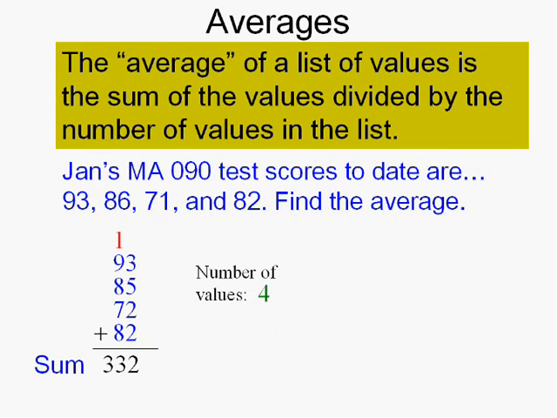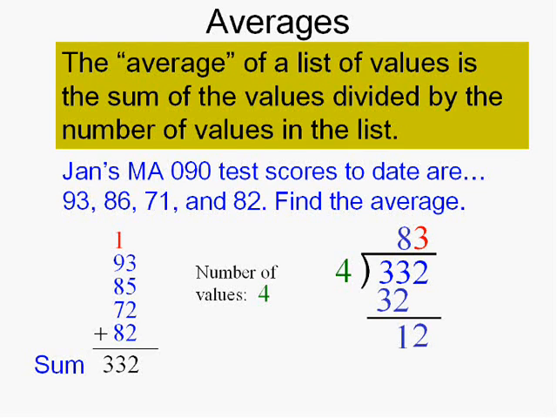So let's take that number, 332, and divide by 4. 4 into 33 goes 8 times. Multiply, subtract, bring down the next digit. Okay, 4 into 12 goes 3 times.